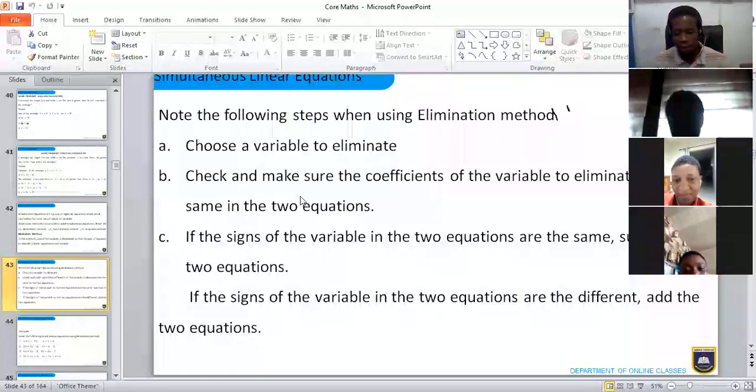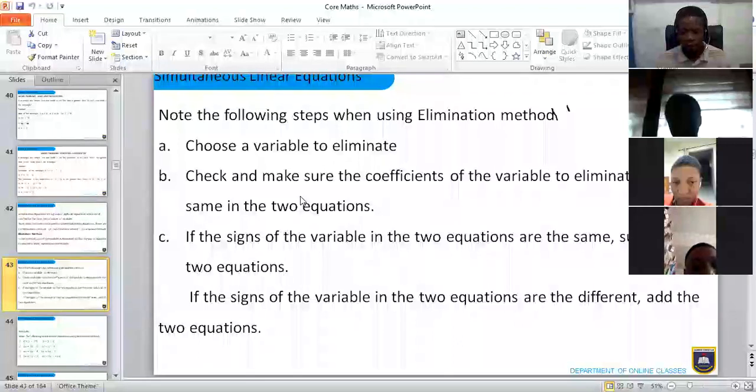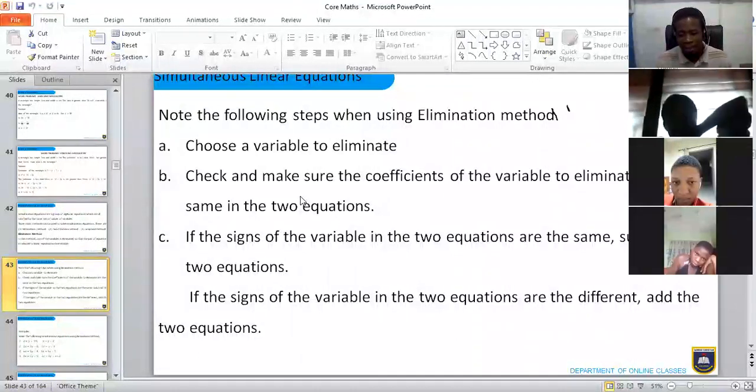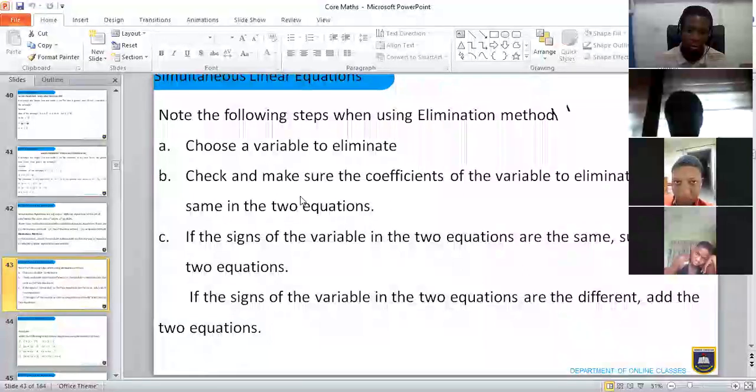If I want to eliminate y, we make sure that the coefficient of y in equation 1 is the same as the coefficient of y in equation 2. So if in equation 1 we have 5y and in equation 2 we have 3y, then we must make them the same, because the coefficients of y in both equations are not the same. We will be looking at how we make these coefficients the same.